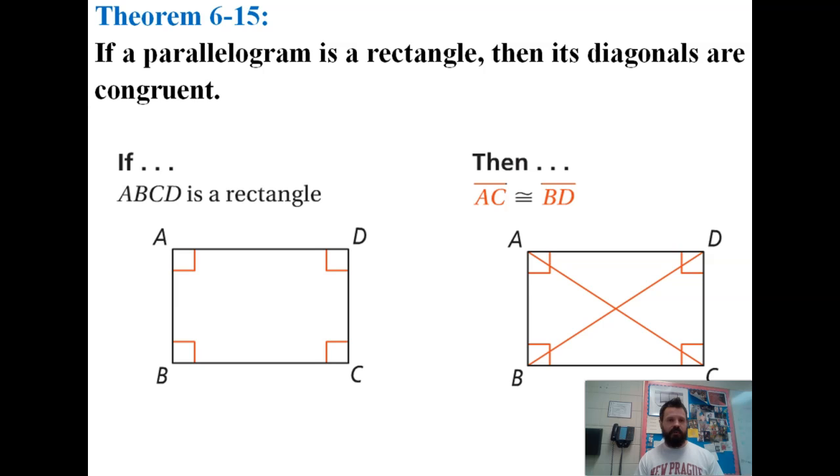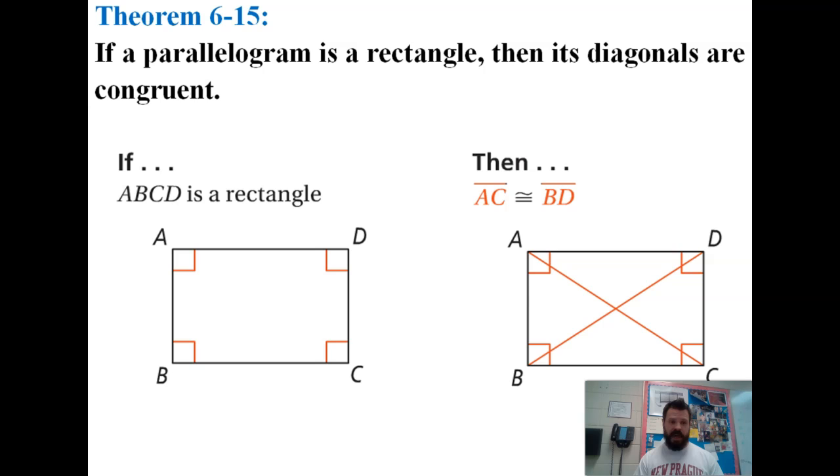All right, next up we're going to run through properties of rectangles, and we have one of those for you, dealing with the diagonal once again. We're going to say if a parallelogram is a rectangle, then its diagonals are congruent. So if we have a rectangle, a parallelogram with 4 right angles, that means that my diagonals AC and BD will be congruent to each other.